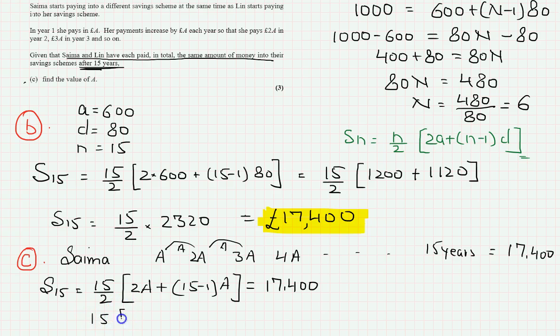So 15 over 2 times (2A plus 15 minus 1, 14A). So 16A is equal to 17,400.